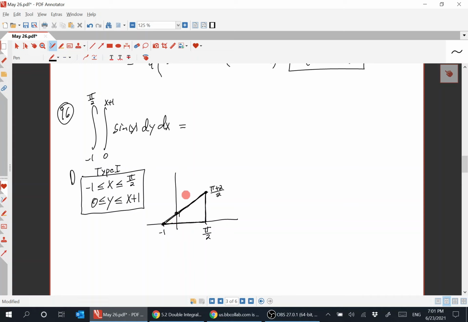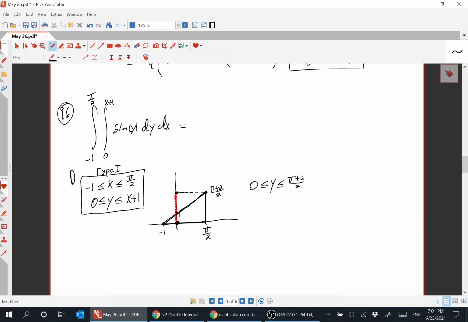What are the boundaries for y? Well, the constant boundaries for y are from here to here. All right, so y is going from here to here. So we've got 0 less than or equal to y less than or equal to this point right here, pi plus 2 over 2, which is pi over 2 plus 1.